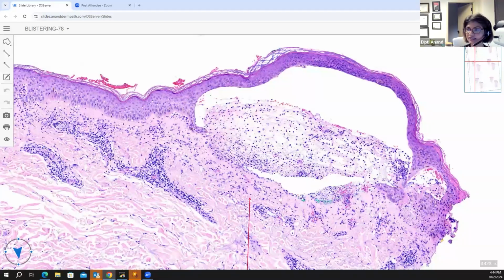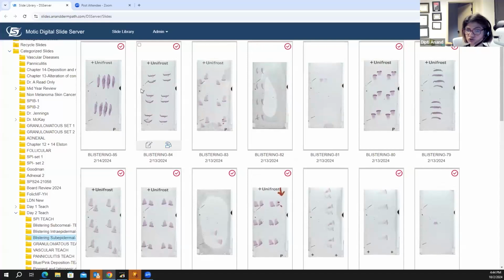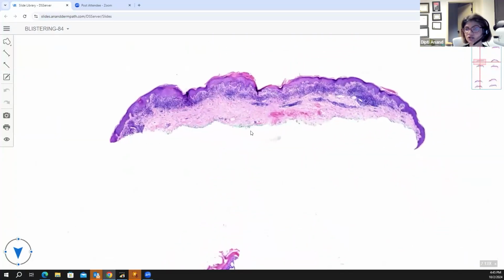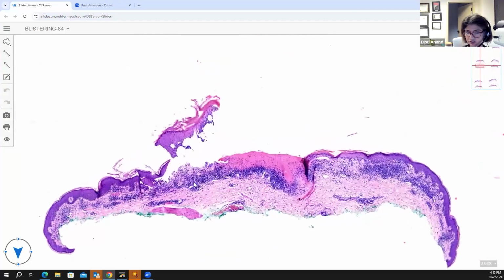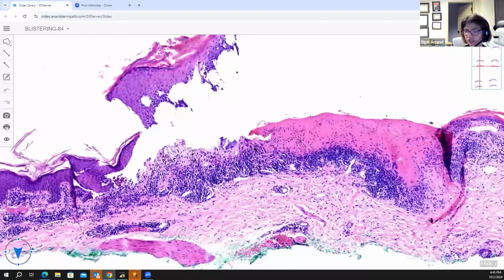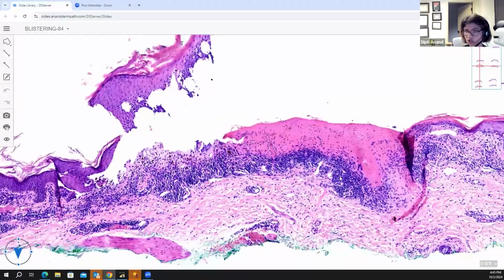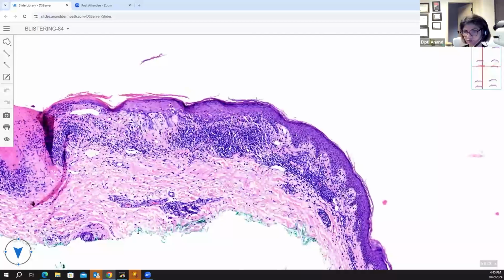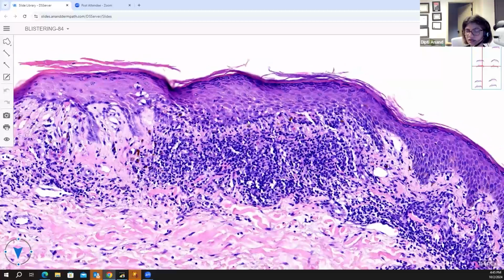And then lastly, don't forget entities like lichen planus, which can also produce a subepidermal blister from the Max Joseph space. In lichen planus, you have a nice subepidermal vesiculation because of the liquefactive degeneration of the basal layer, which is called your Max Joseph space. But the clue for this will be where you don't see a blister, you will see the nice lichenoid inflammation with hypergranulosis and cytoid bodies.